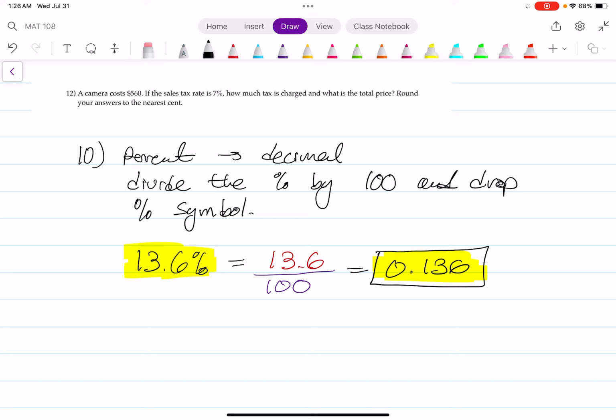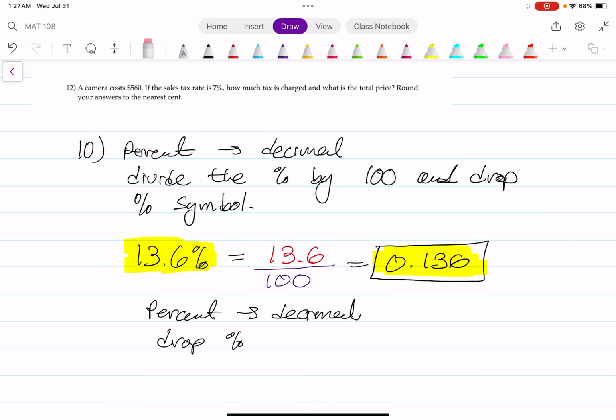So also when you're converting from percent to a decimal, you can drop the percent symbol and move the decimal 2 places left.